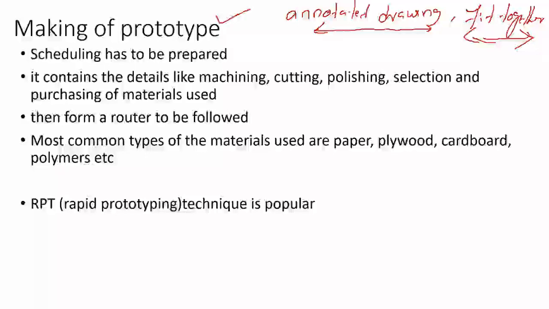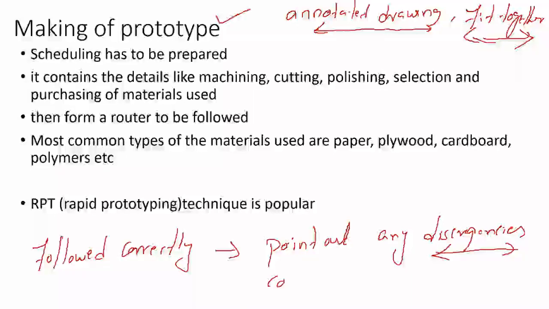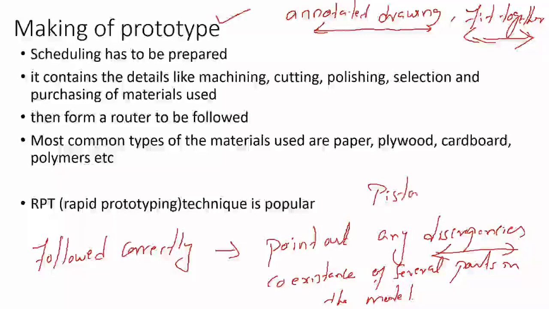So if the drawings are followed correctly, what it will say, ഇത് നമ്മൾ already നോക്കിയതാ, it will exactly point out any kind of discrepancies in the coexistence of several parts in the model. ഇപ്പോൾ ഞാൻ ഇതിനെ ഡിസ്കസ് ചെയ്യാൻ വേണ്ടിയിട്ട് ഒരു പിസ്റ്റൺ കാണിച്ചു തന്നായിരുന്നു അല്ലെ, മെക്കാനിക്കൽ പിസ്റ്റൺ.